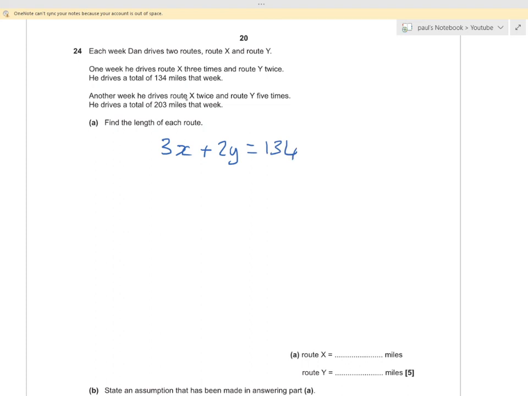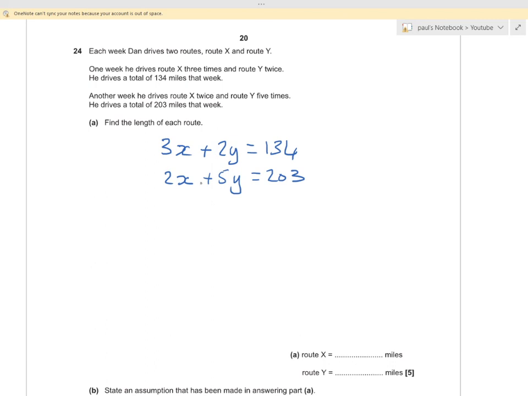Another week he drives route X twice and route Y 5 times, and that is 203. Find the length of each route. Find what x and what y is, basically.